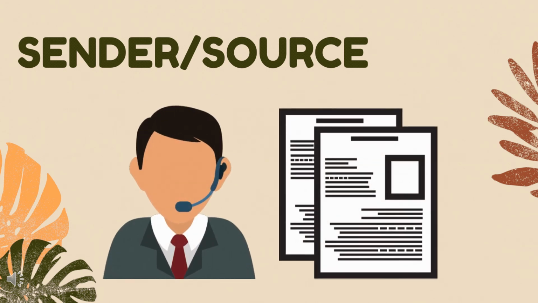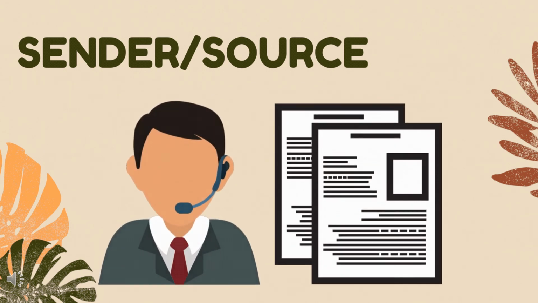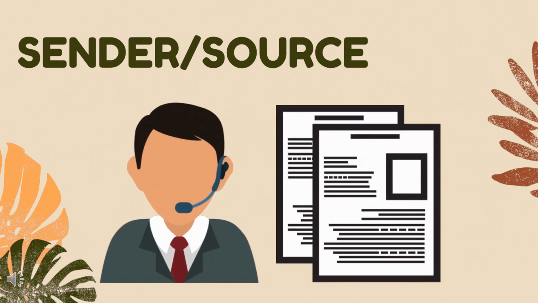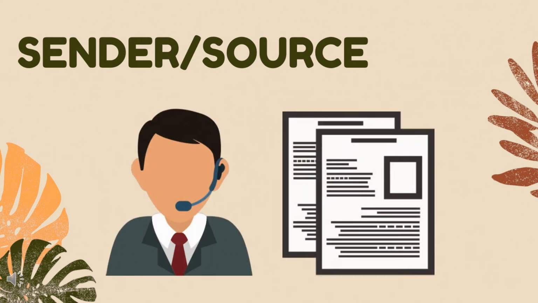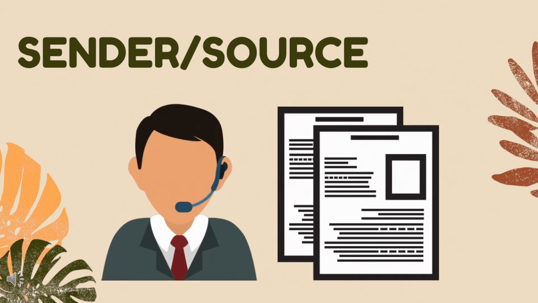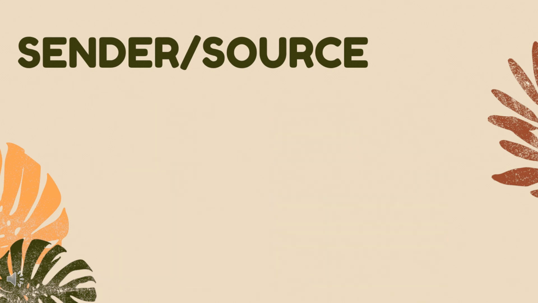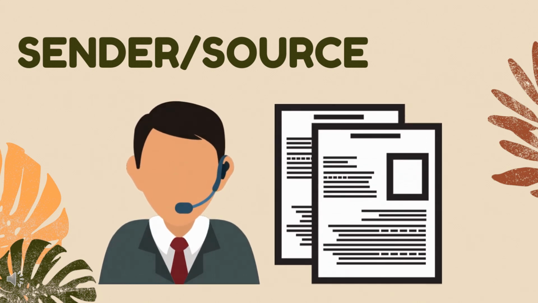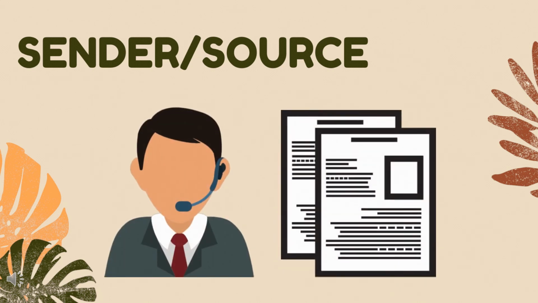The sender or source could be one other person or a group of people. It could also be in a form of a written material, such as a memo or announcement, which contains information or a message. An example of this is a politician giving a speech or a teacher lecturing a student.